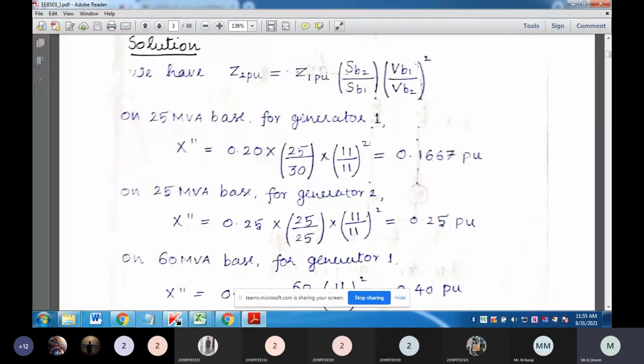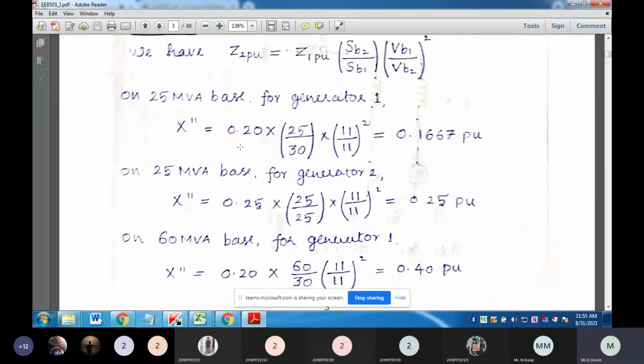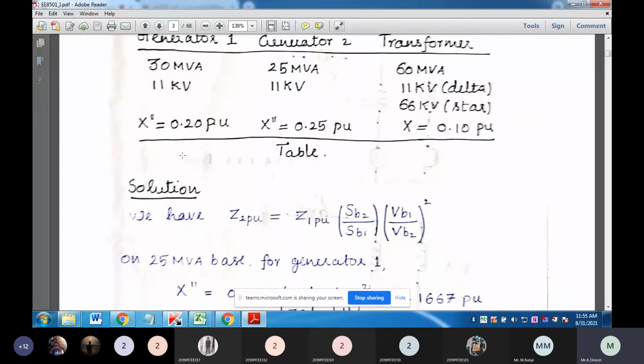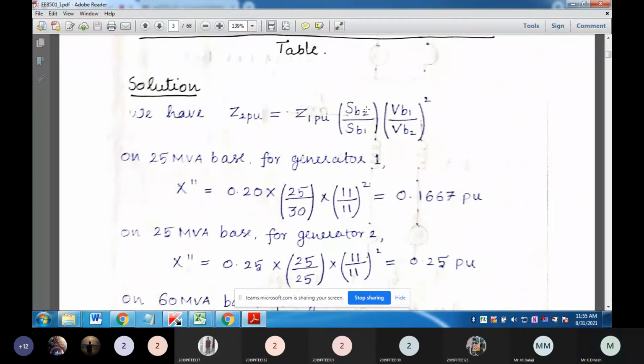So on 25 MVA base for generator 1, my old value is 0.20, and MVA base new is 25, old is 30, into 11 by 11, that is kV base old by kV base new, the whole square.